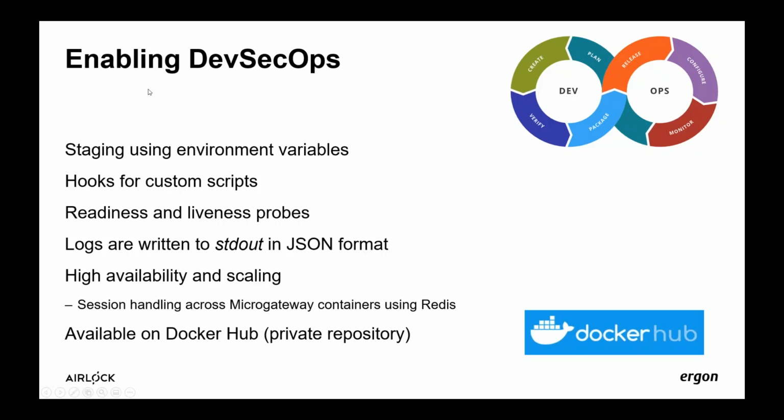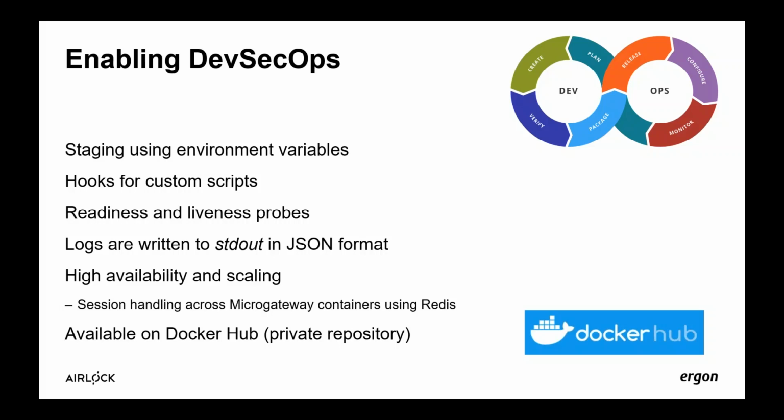So from there on, enabling DevSecOps, we are using environment variables for the staging, so you can have the same configuration in multiple environments. There are hooks for custom scripts, so you can run your scripts before or after. We have readiness and liveness probes, so your operations can check if the according container is started up or not.